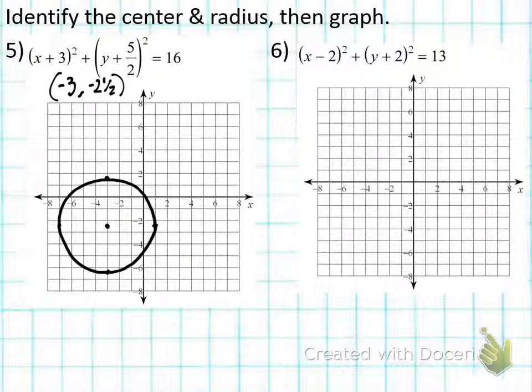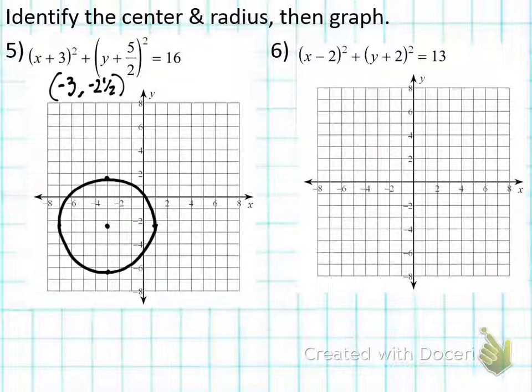Okay, what's your center, everyone? 2, -2. 2, -2, good. What's your radius? Root 13, or 3.6. Okay, how'd you get that? Oh, you need a calculator. Okay, that's one way to do it. What if you don't have a calculator? How would you figure that out?